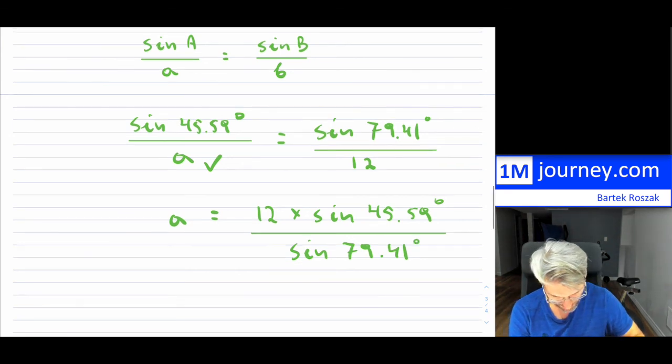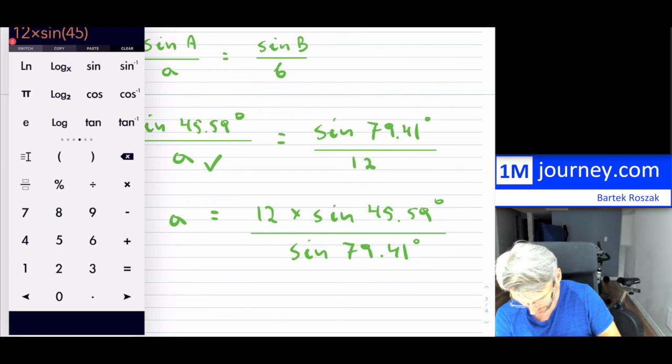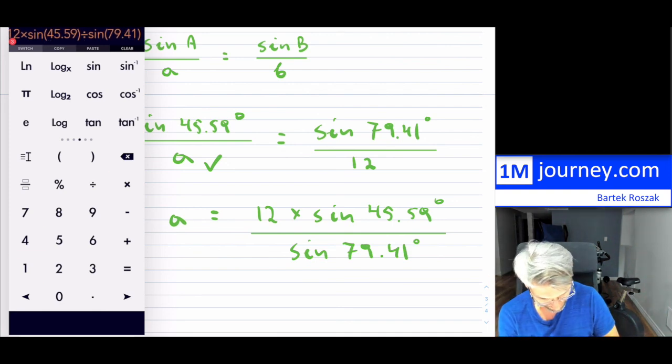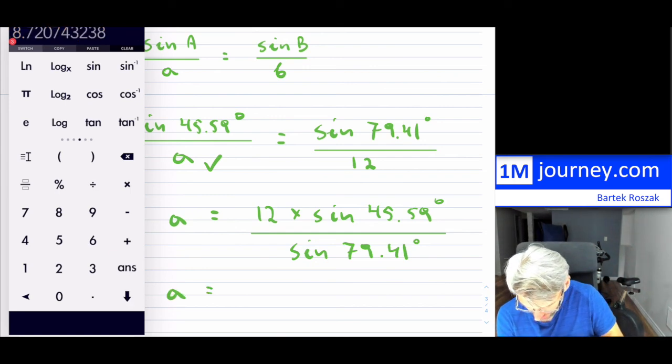So let's do that now: 12 times sine 45.59 divided by sine 79.41 equals. All right, so A was approximately that much.